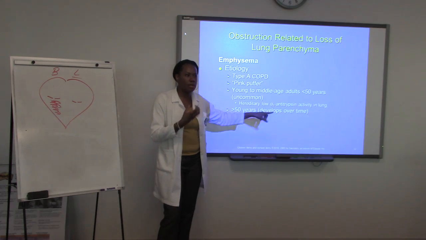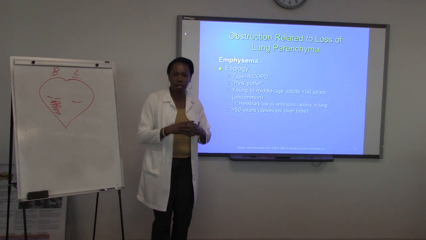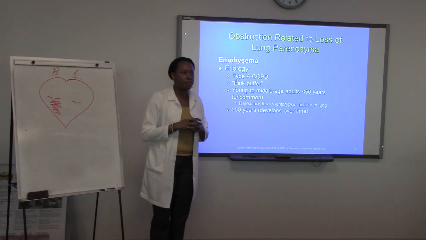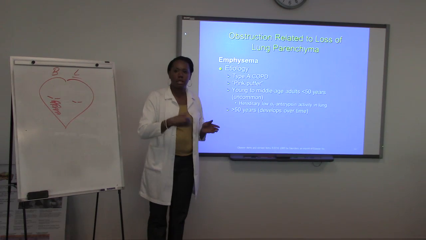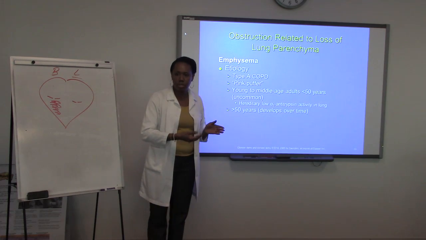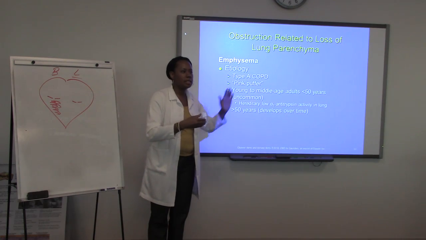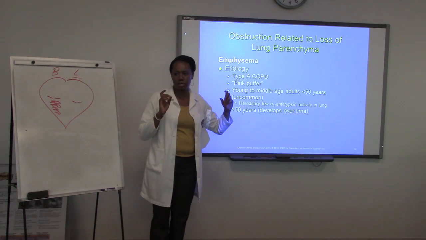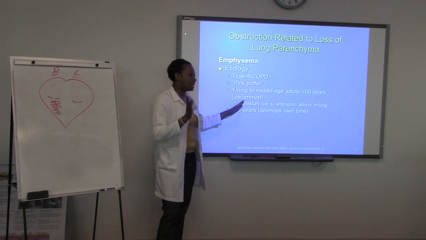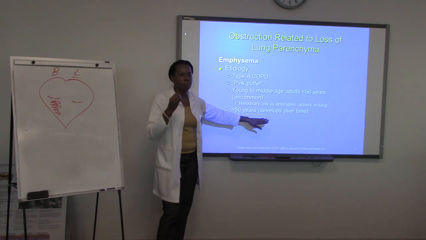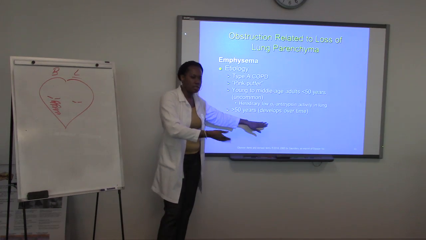Okay, and we know we need surfactant for the alveoli to stay in their shape. So sometimes patients can be born with low alpha antitrypsin, and so now it makes the alveoli vulnerable. And so this can lead them to an emphysema. So that's more like the hereditary type, which is not that common, but more common is people that smoke and lead into this type of emphysema.